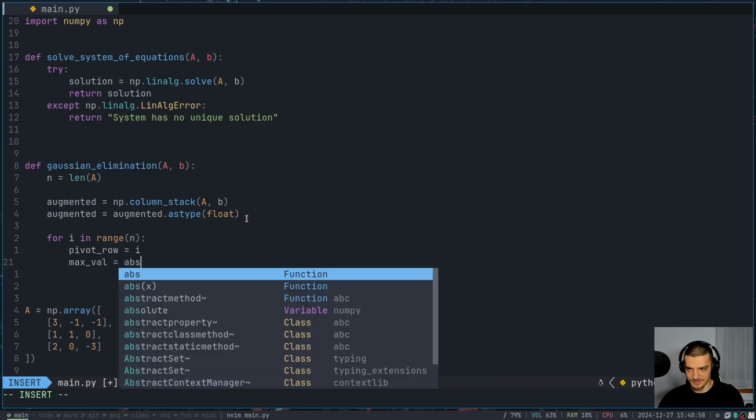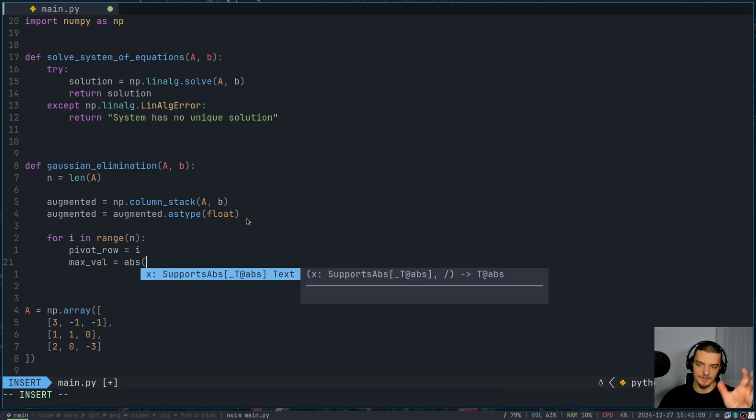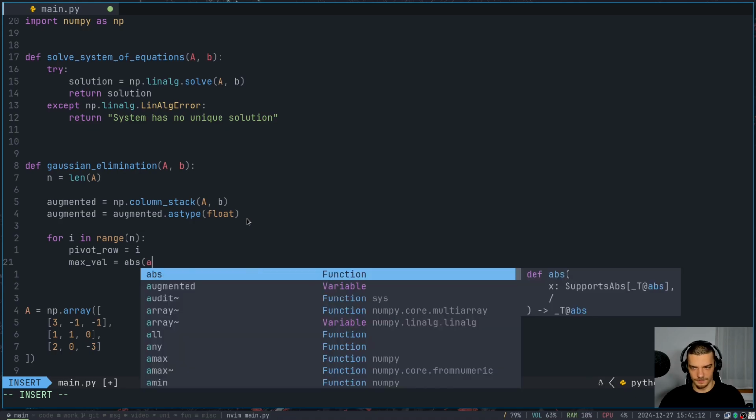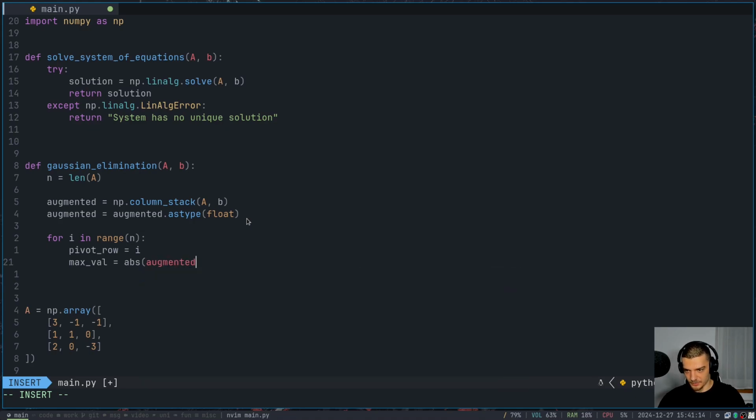But by the way, maximum means maximum absolute value. We're not interested in positive values, only in the highest absolute number there. So max value is equal to the absolute value of augmented, and then we take the diagonal element. In the first iteration it's the first one, then the second one, and so on. It's always the diagonal. And then we look for the highest value.